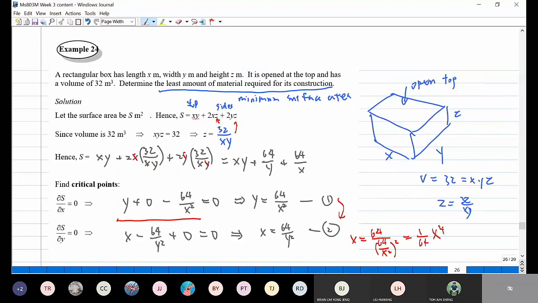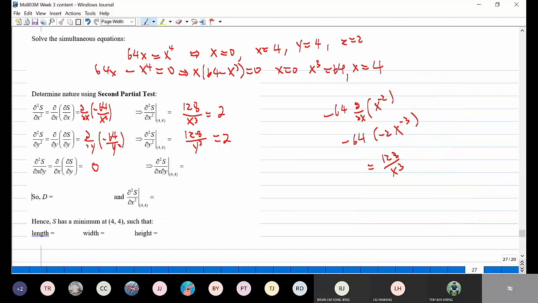Just want to double check. Differentiate with respect to x first, then differentiate with respect to y. Differentiate with respect to y, get 1. Y first and x, you get 1. So this is 1 here. So D is the second partial with respect to x times the second partial with respect to y, minus the mixed partial squared.